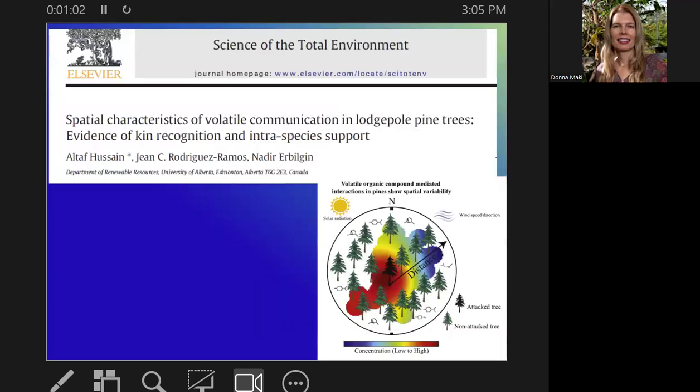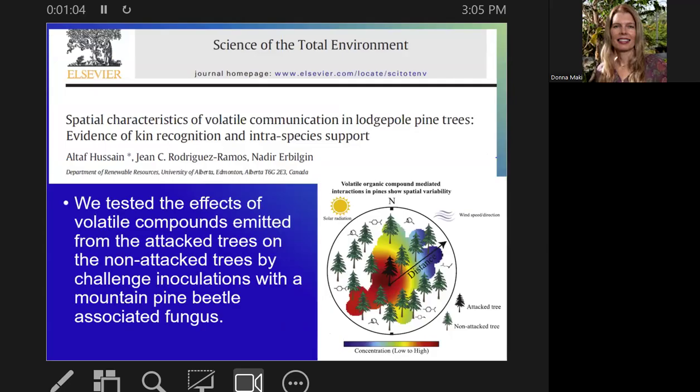So then another group of scientists a couple of years later, still looking at the mountain pine beetle, asked, could we do a field study where we look at volatiles? So now they're above ground. What about volatiles that an attacked tree might give off?